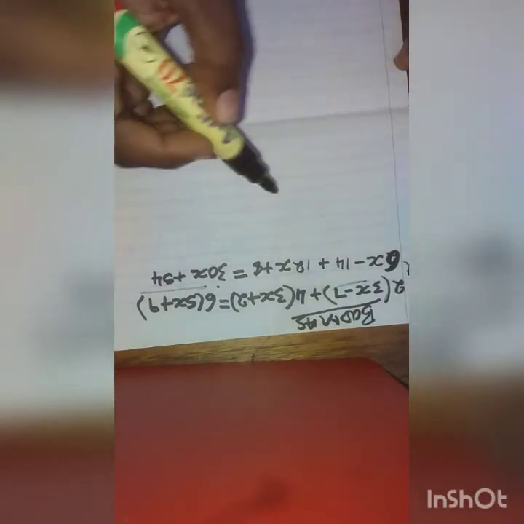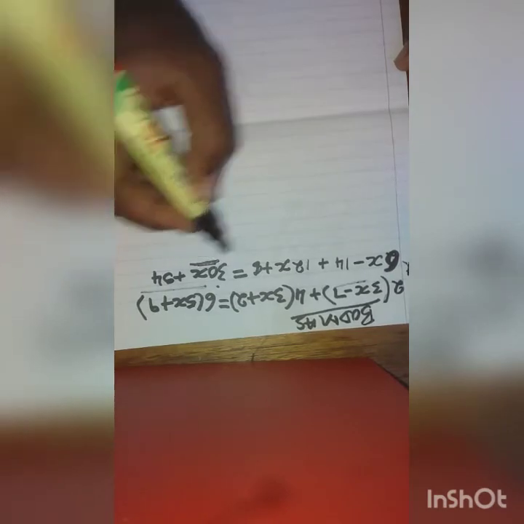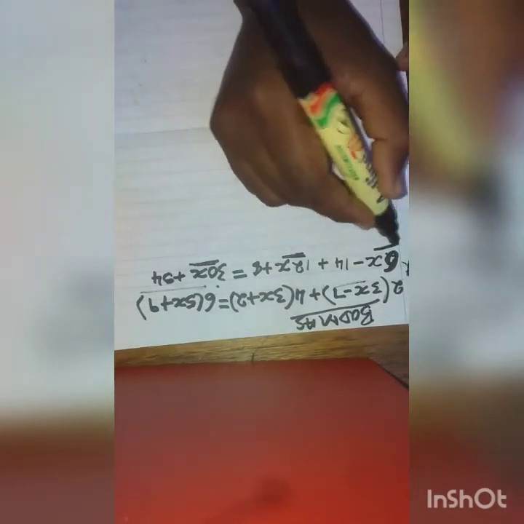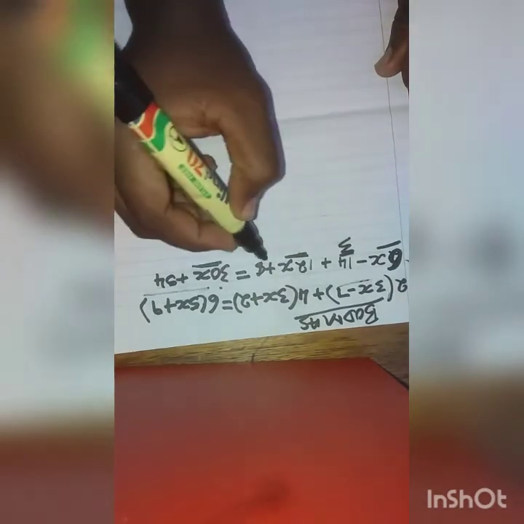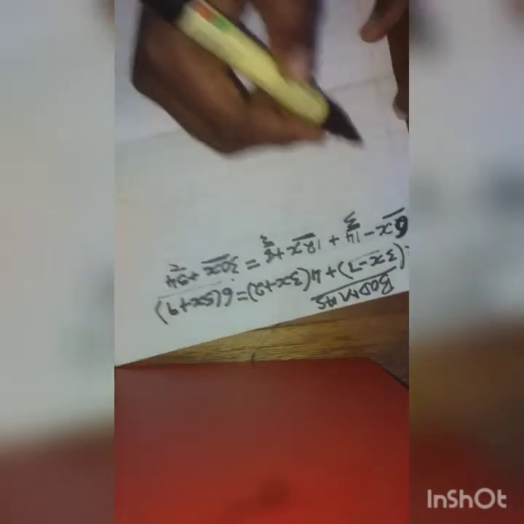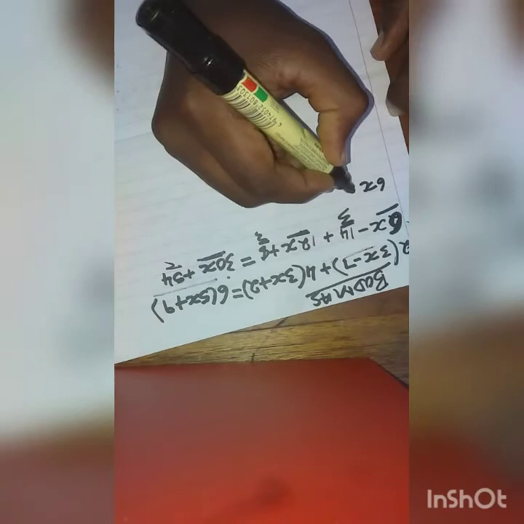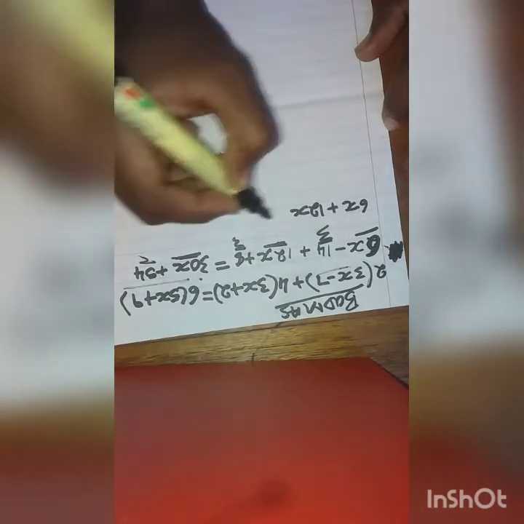Let's just say we take all the terms with variables and put them on the same side of the equal sign, and the ones that are just numbers, we take them to this side of the equal sign. So now we're going to have 6x plus 12x.